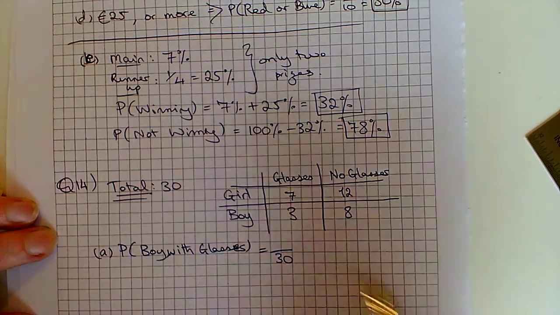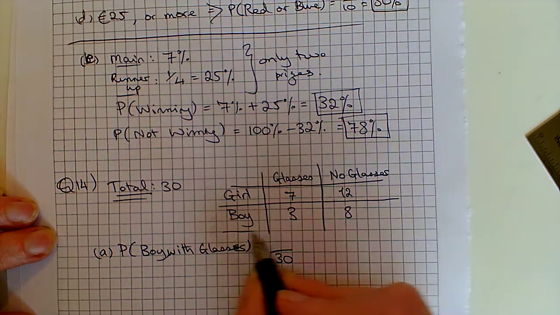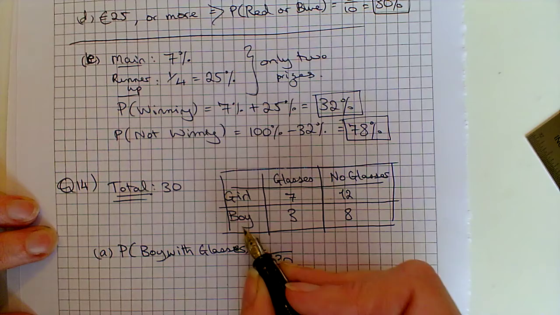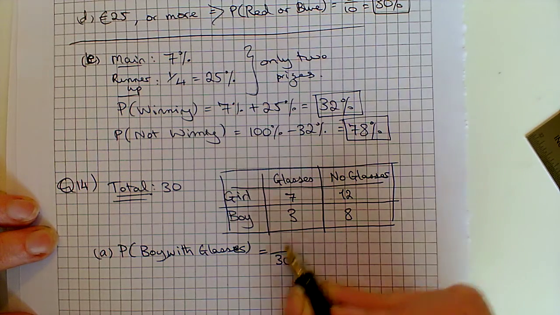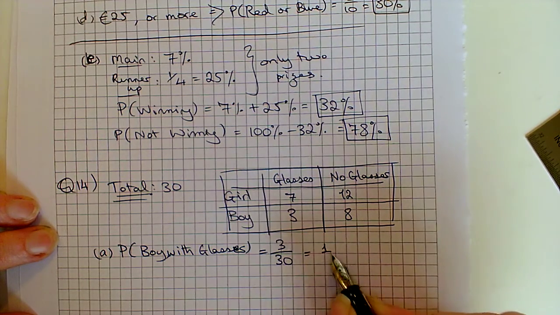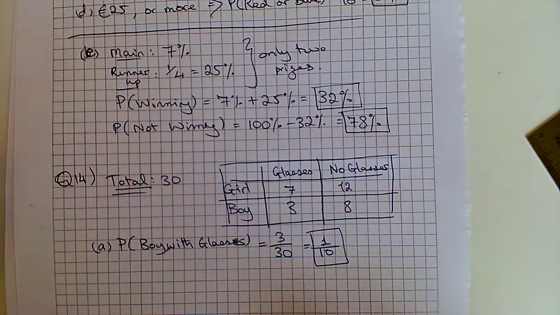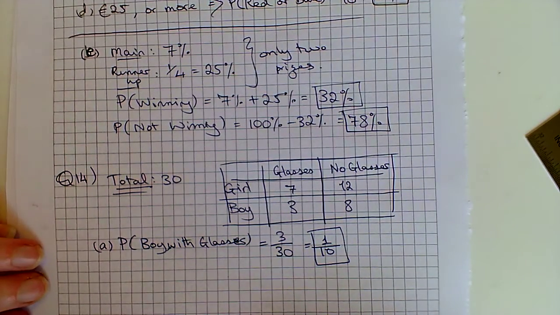So my total is 30. So it's the total in the class. And boys who wear glasses, there's 3 of them. So that is a 1/10. They asked for probabilities in this question to be written as a fraction in their simplest form.